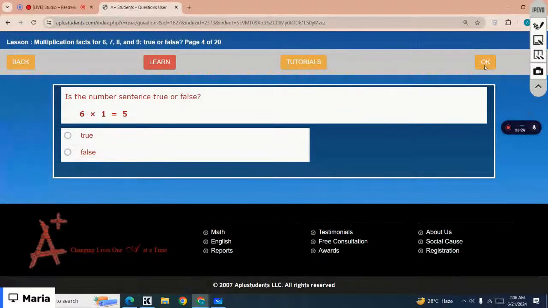The correct option is false. 6 times 1 is 6, not 5. False it is.